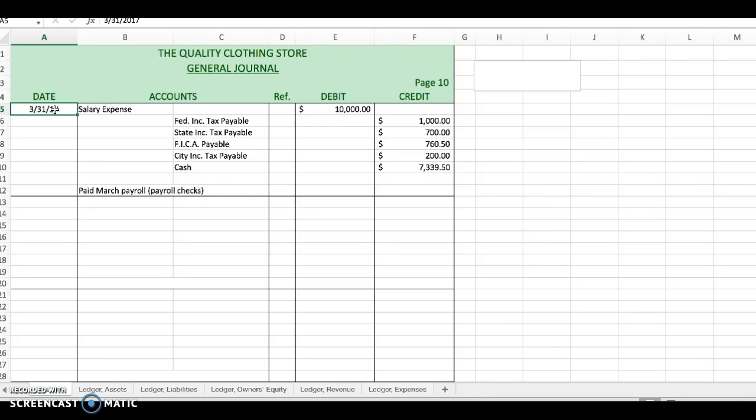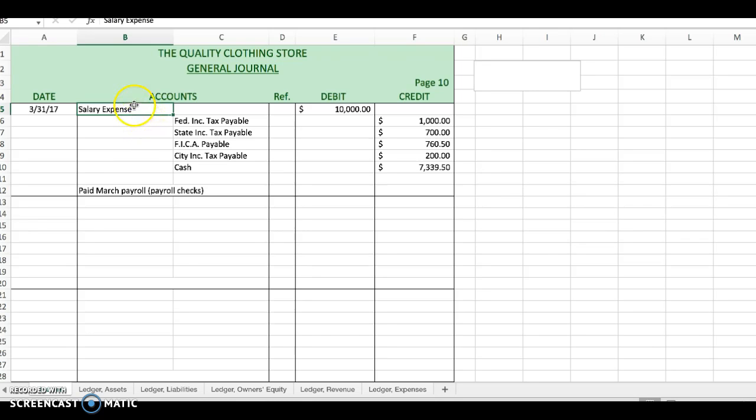The only difference is I've dated this March 31. And the reason is this. We will assume that we pay our employees once a month. So we have already paid them for the year of 2017 in January and February, and now we're paying them in March. So we only pay them once a month.